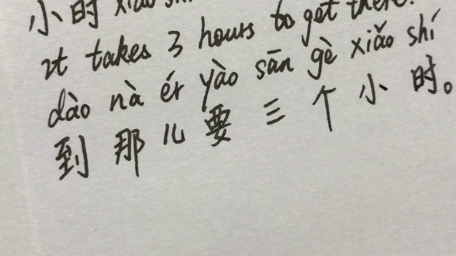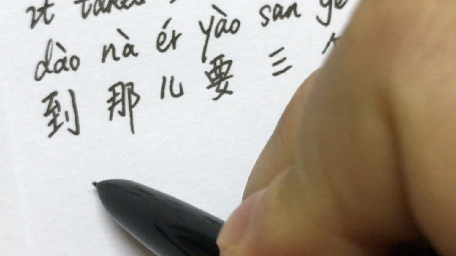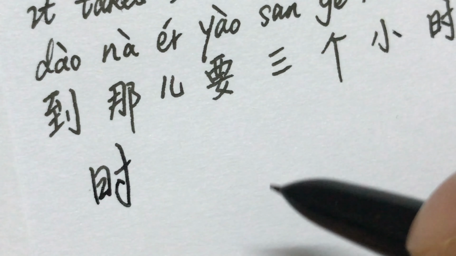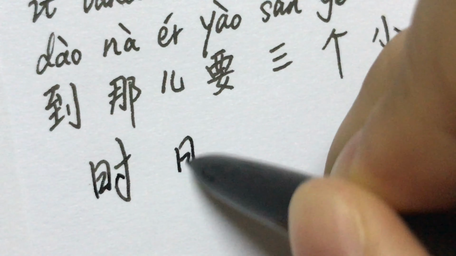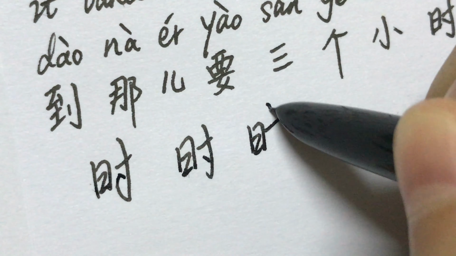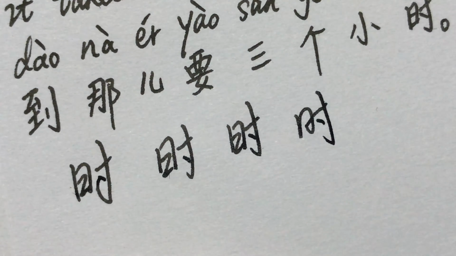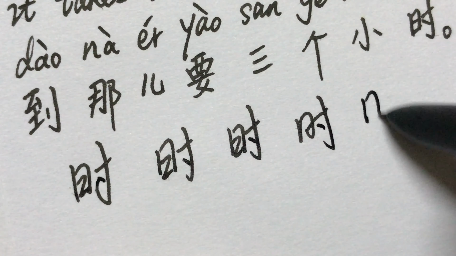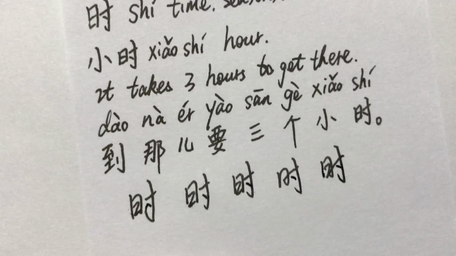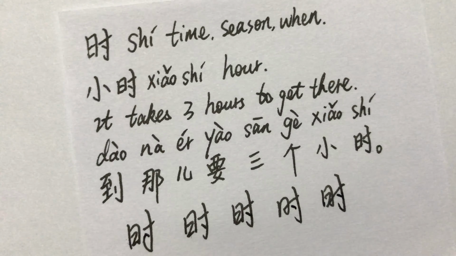Now let's write 十 in cursive. 十, 十, 时: time, season, when. 小时: hour.